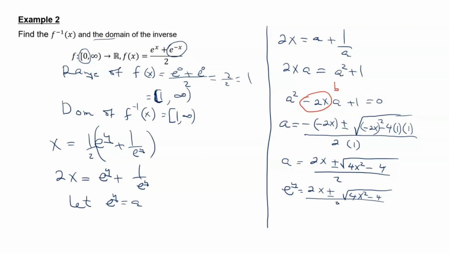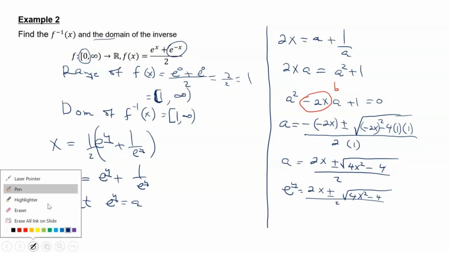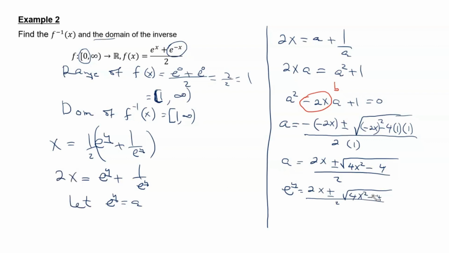Our next step: we can actually take the 4 out, to be honest. That gives us x squared minus 1 under the square root. I could actually take the 2 out as a common factor and take the square root of that, and I can simplify the 2's.